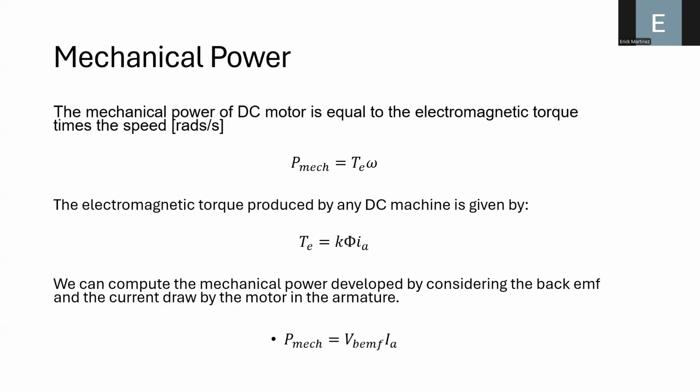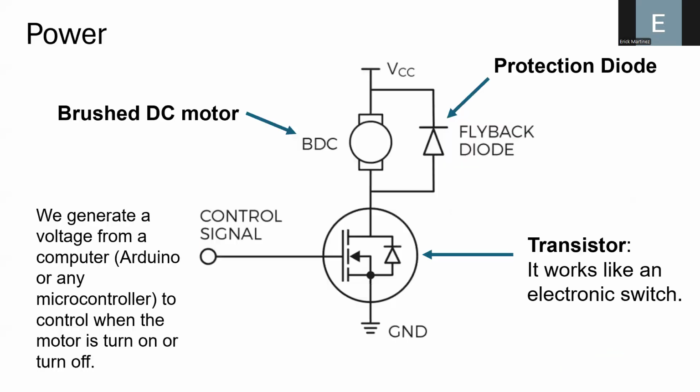Also, you can compute the mechanical power produced by the motor if you consider the back EMF voltage, the back electromotive force, times the current in the armature. So these are the three important equations that you can consider, because later we will be using them to solve some exercises related to DC motors.